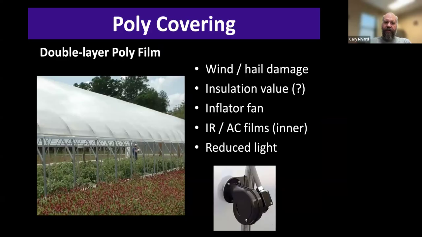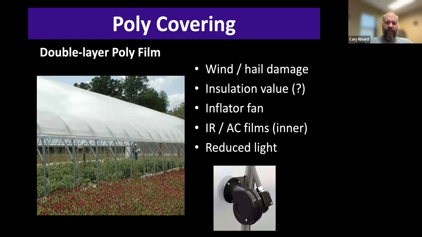I get a lot of questions about using a double layer of poly. In greenhouses, it's quite common to use 2 layers of plastic and then one of these little squirrel cage fans to basically put an air pillow in between those 2 layers of poly. That provides some advantage in terms of R value, like an insulation value at night.